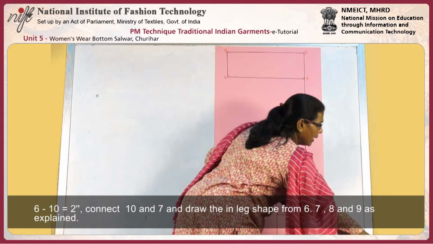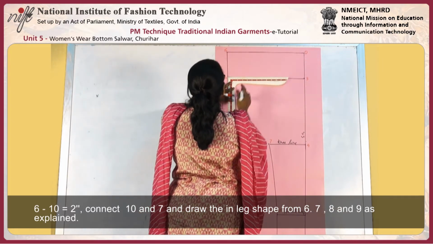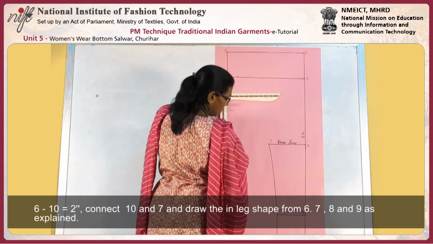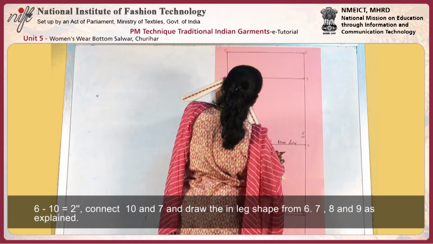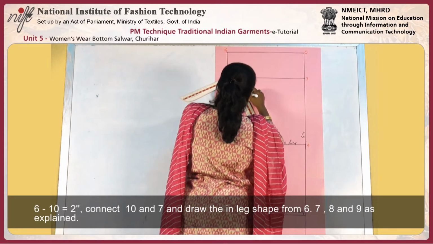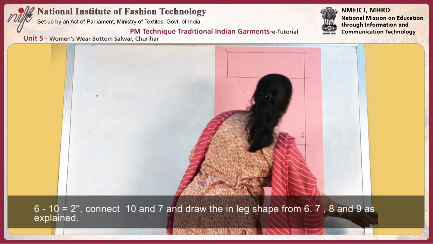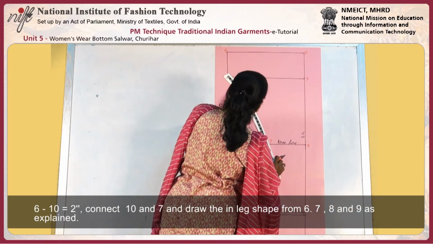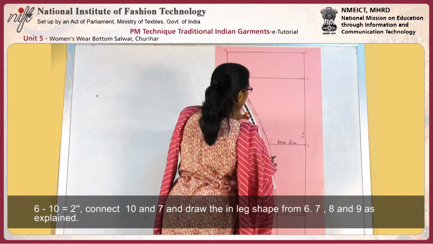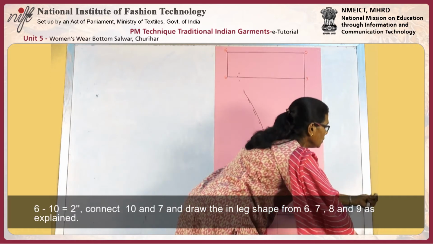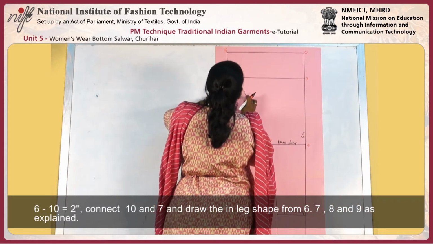Next, external line: mark 2 inch inside as 10, and external line from here, and draw a curve from here to there, and use French curve to draw this curve line.